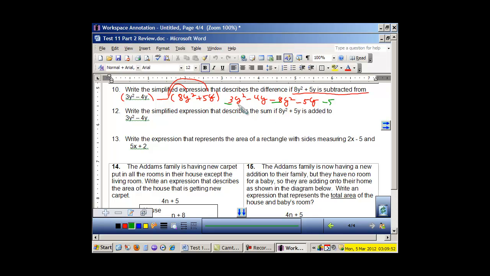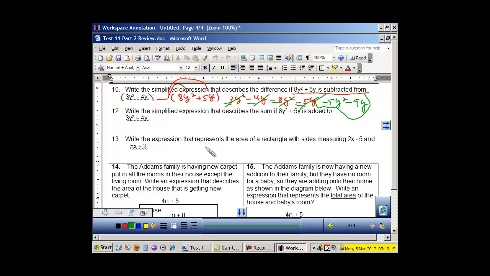And I just bring the y squares along. So that took care of that. So I got these two negative terms. Same sign, combine, keep the sign. So I got negative 4 plus a negative 5 is a negative 9y. That's it. I'm done. That's my answer.